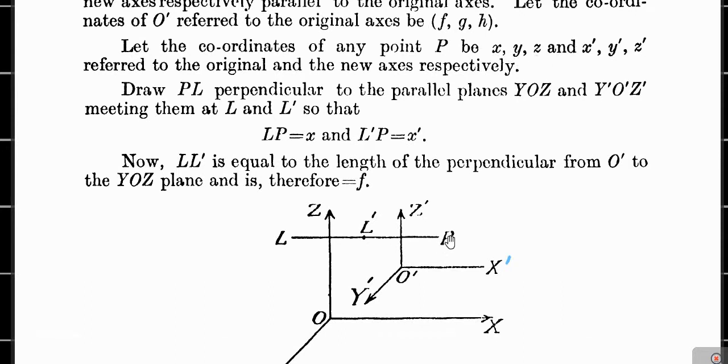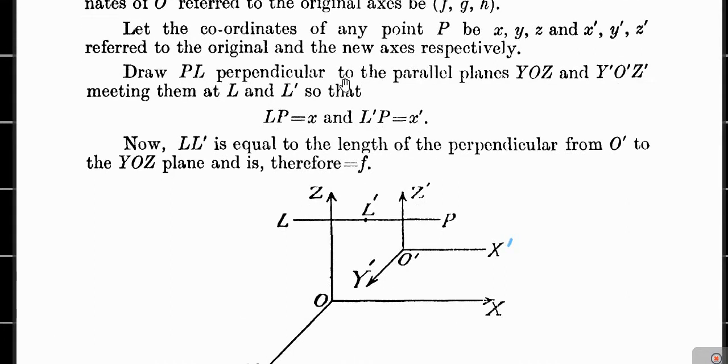For that purpose, we will draw a perpendicular from point P on the YZ plane, and also on the Y'Z' plane. We draw PL perpendicular to the parallel planes YOZ and Y'O'Z'. Obviously, as the axes are parallel, the coordinate planes are also definitely parallel to each other.